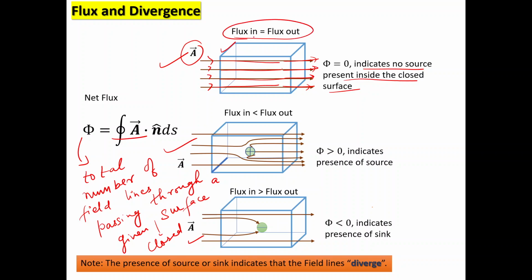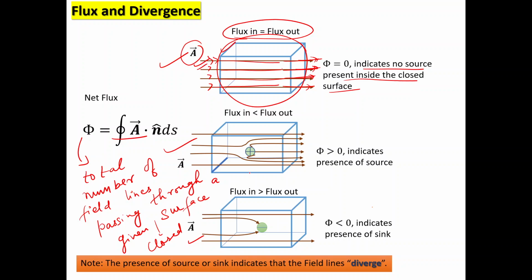That means the number of flux lines that got in is the number of flux lines that are getting out of this closed surface, which indicates no source is present inside this volume that will add to these flux lines.